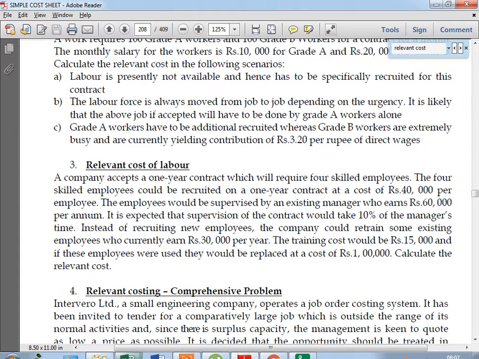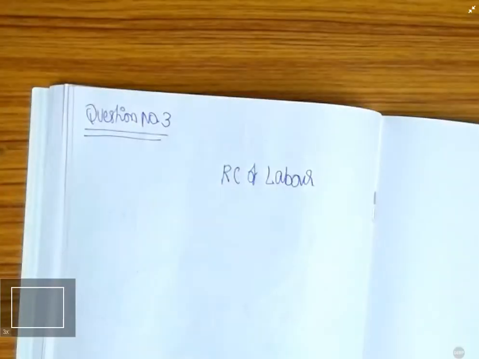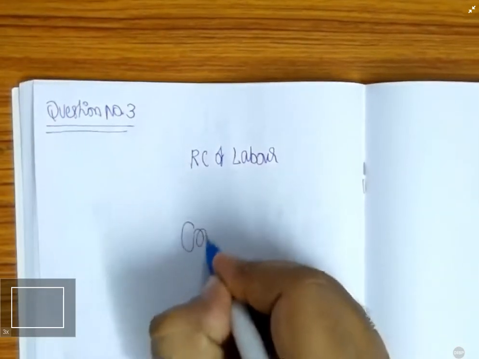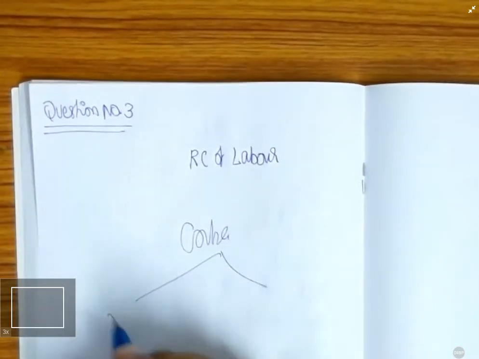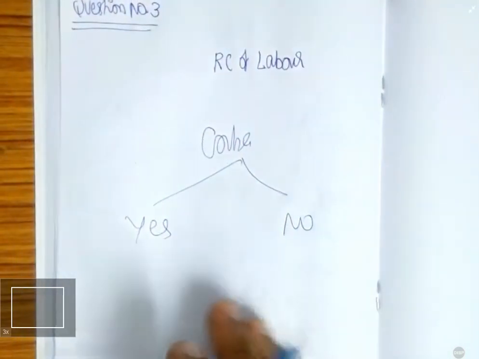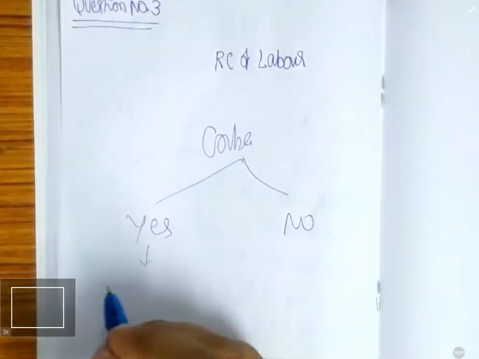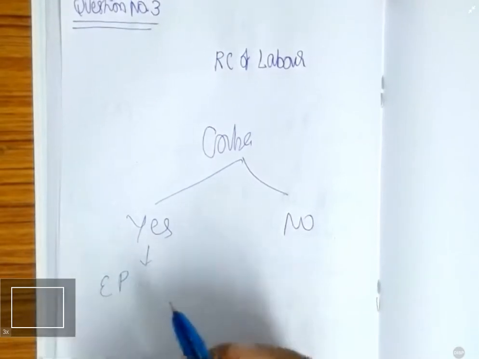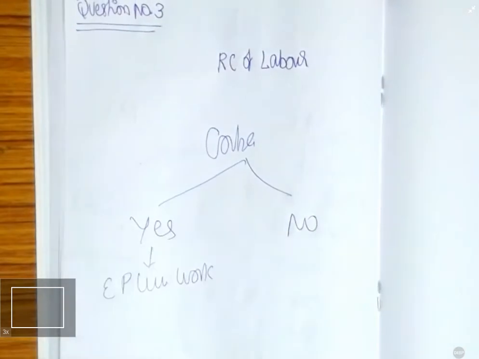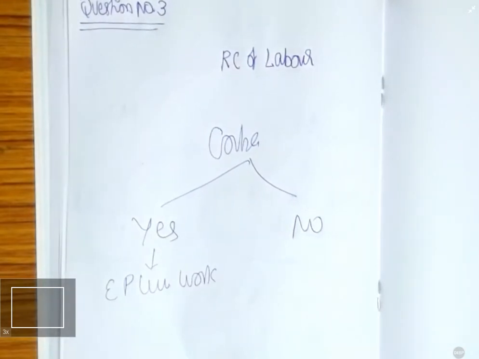It's 115. Technically it will look like 135, but what is going to happen is, the moment I take up this contract, yes or no, for this contract? Yes means existing people will work.